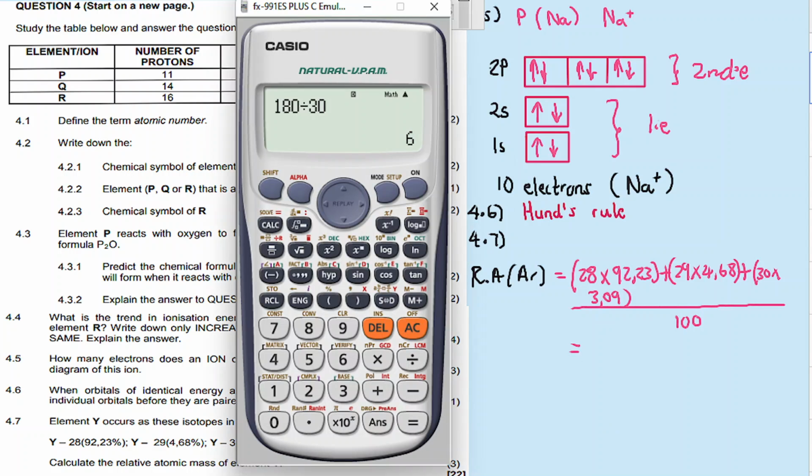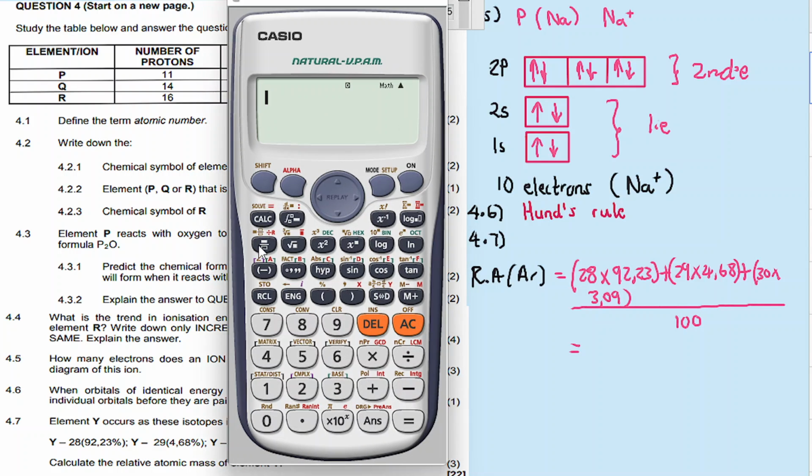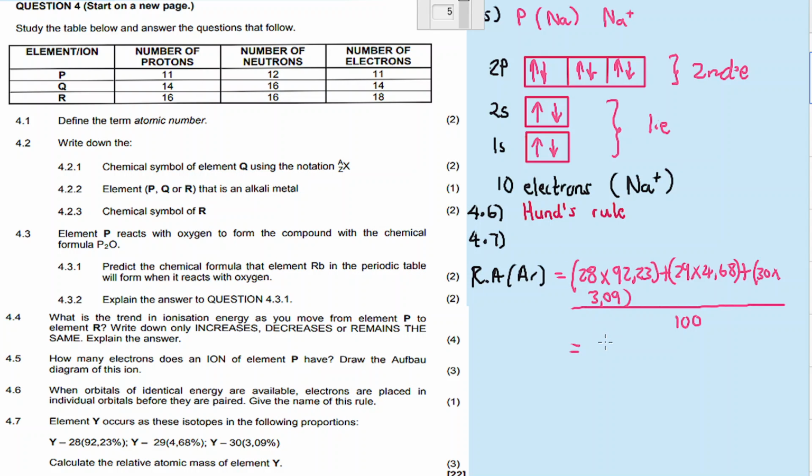Equal to, and that's 3 free marks. 28 times 92.23 plus 29 times 4.68 plus 30 times 3.09, and then you divide that by 100, which is equal to, if you round it off to 2 decimal places, the answer you give is about 28.11.